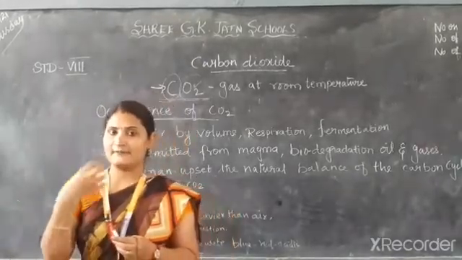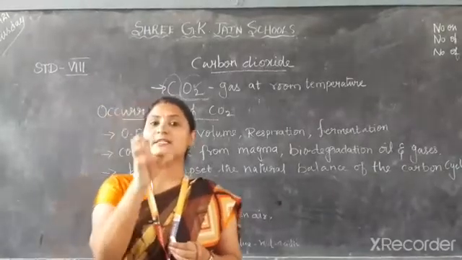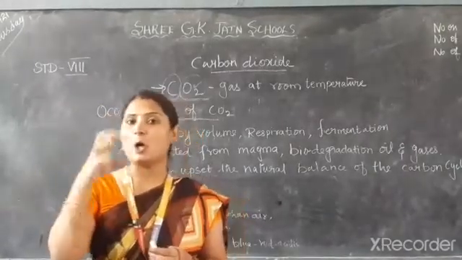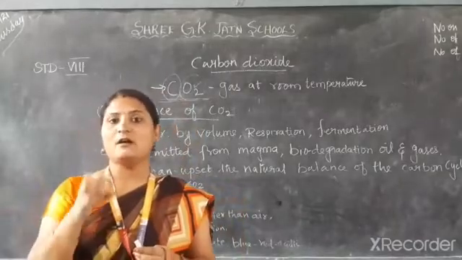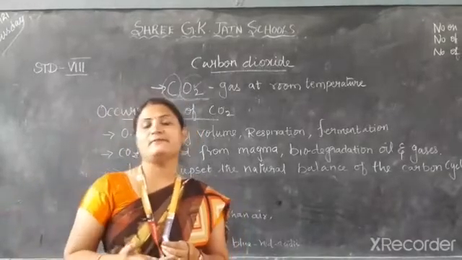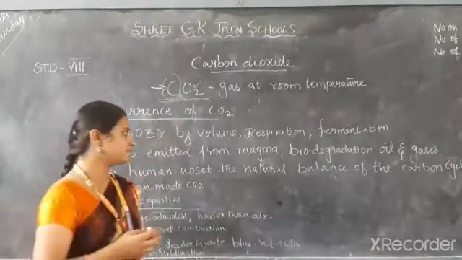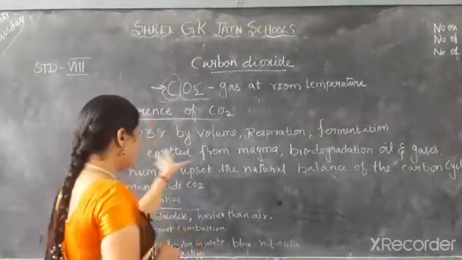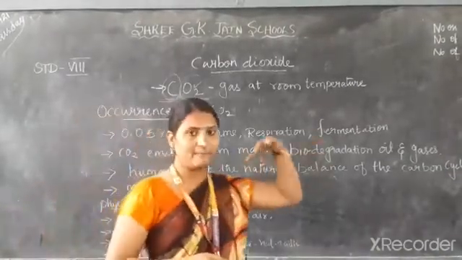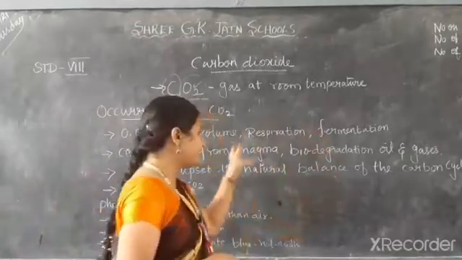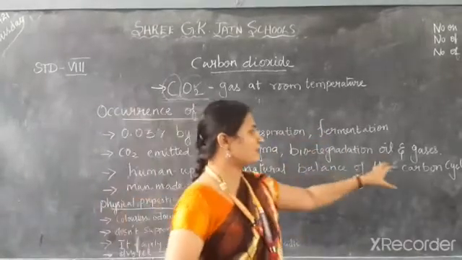The increased level of CO2 is what is called global warming. It is very harmful to the environment when carbon dioxide increases. So man-made things upset the natural balance of the carbon cycle.